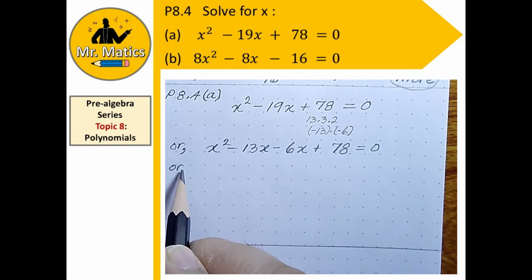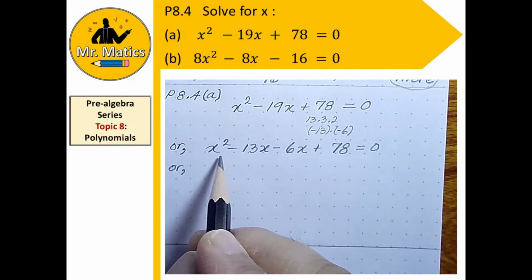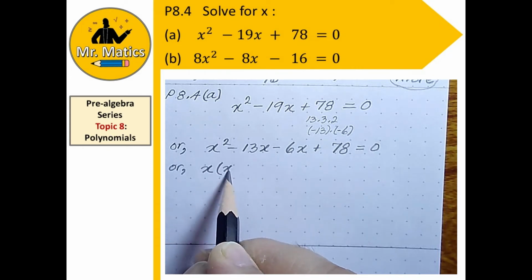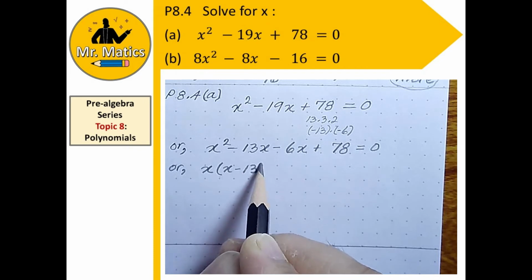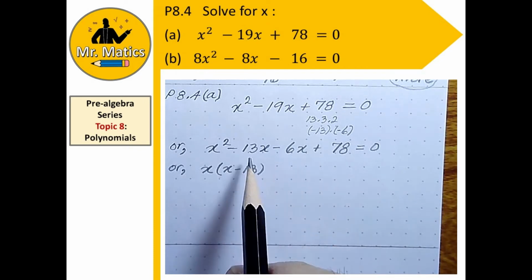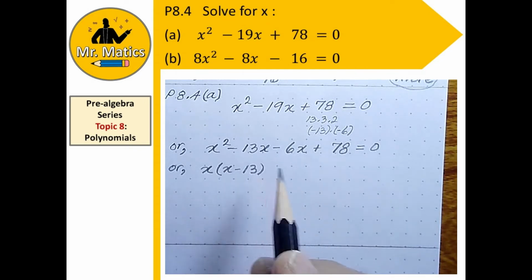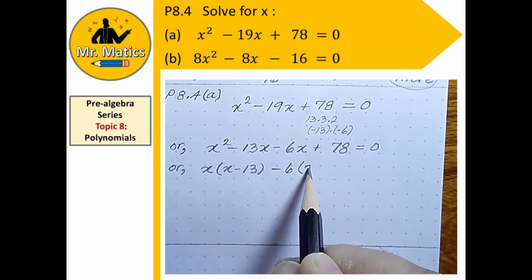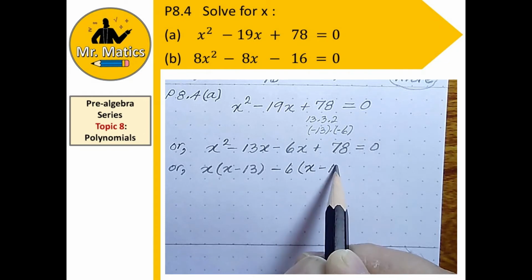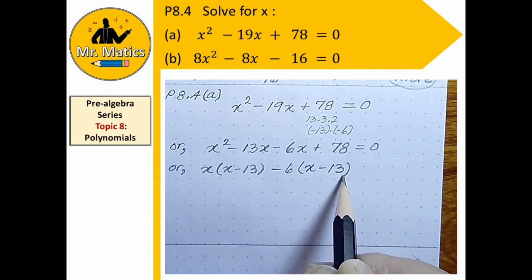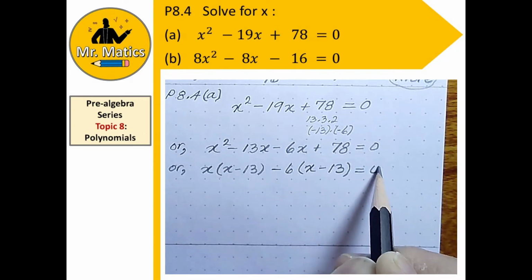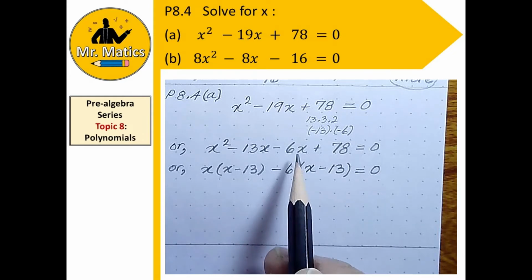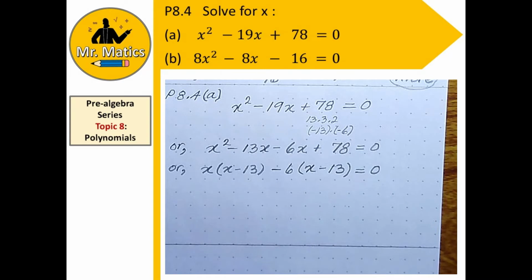Or we'll take x common: x times x minus 13 from the first two terms, and then minus 6 times x minus 13. And when in doubt, remove the brackets, multiply it back, and see if you get the expression again.